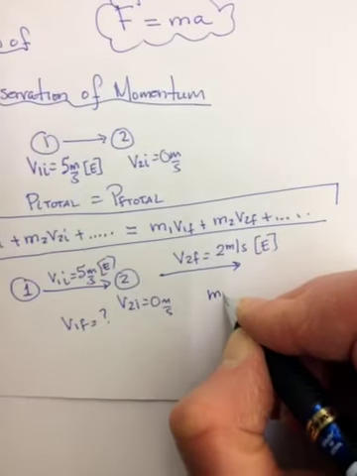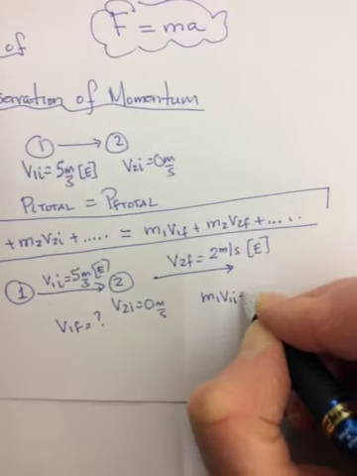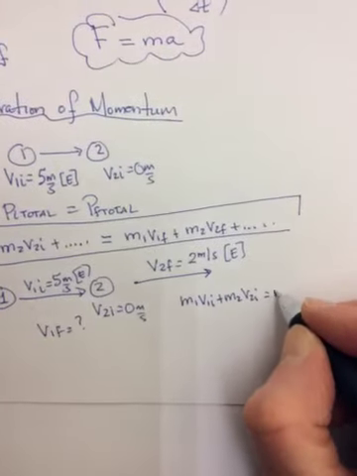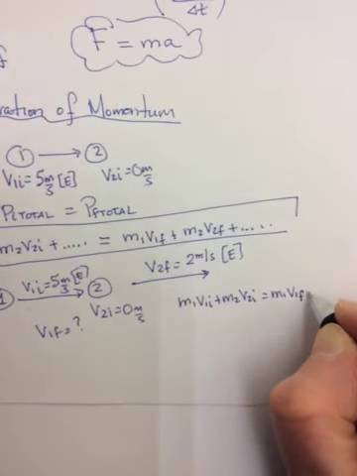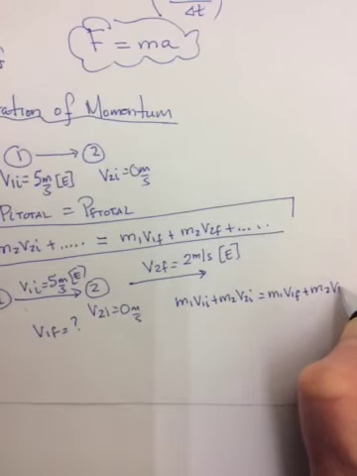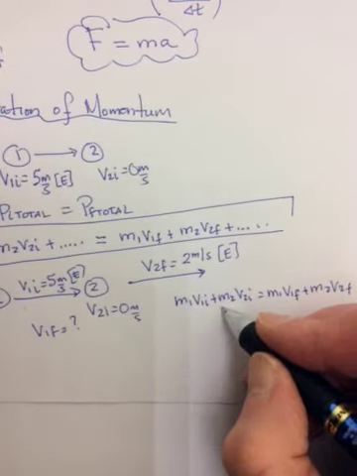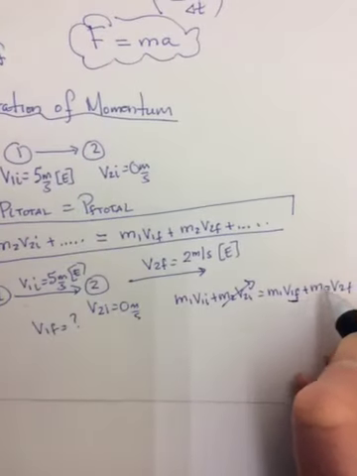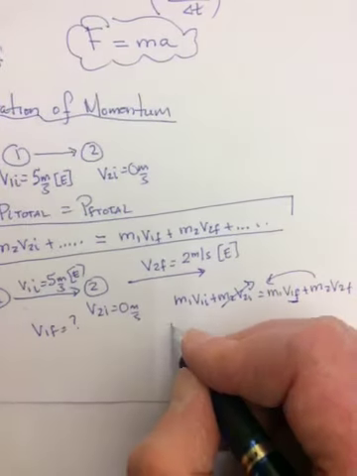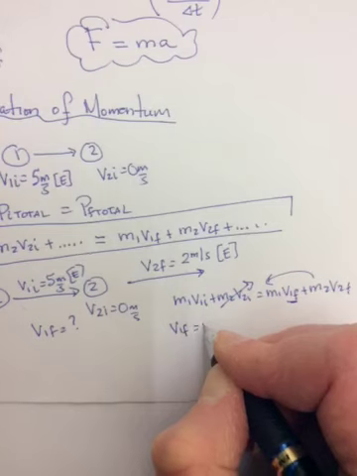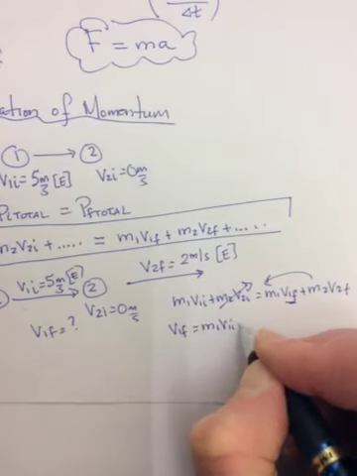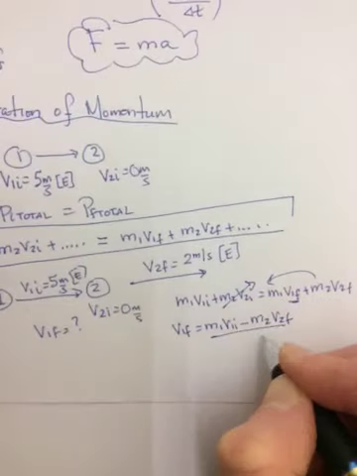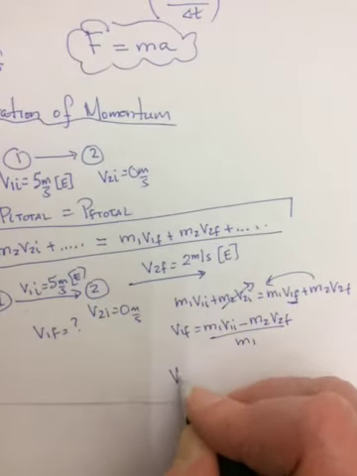All right, assuming you paused, so it's M1V1 initial plus M2V2 initial is going to equal M1V1 final plus M2V2 final. V2 initial is 0 because it wasn't moving, and you're looking for V1F, so bring this one over. So it'll be V1F is equal to M1V1 initial minus M2V2 final, and then divide by the M1.